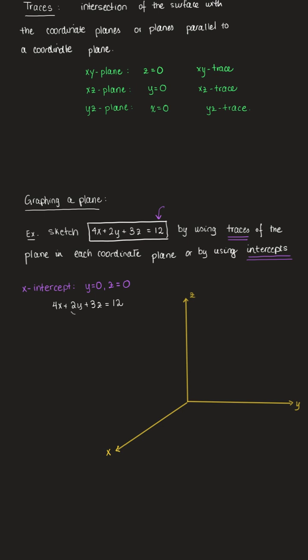So when both y and z are 0, we will have that 4x is equal to 12 or x equals 3. That means that the point when x is 3, y is 0, and z is 0, is on the plane. So I'm going to sketch that x-intercept on my coordinate system on the right side. So here's our point 3, 0, 0.